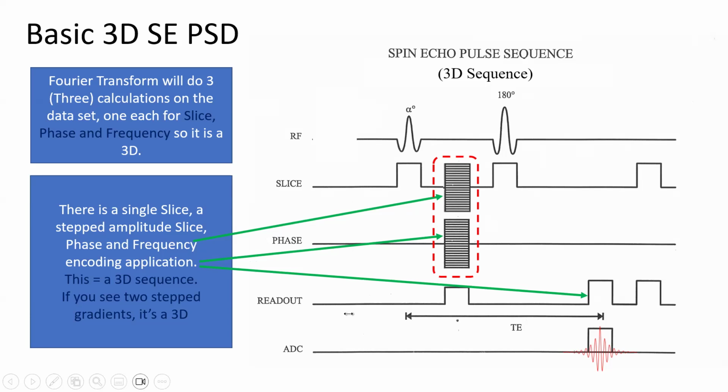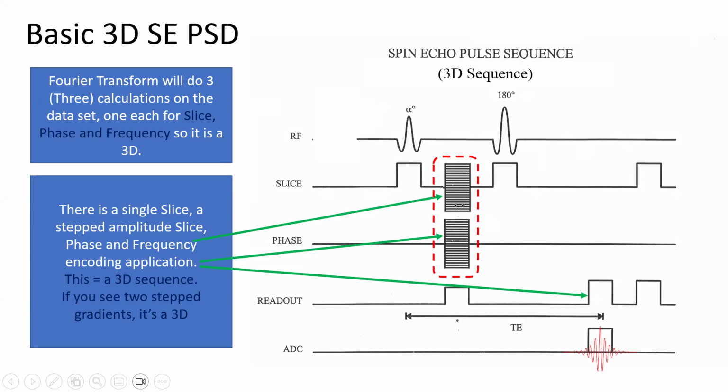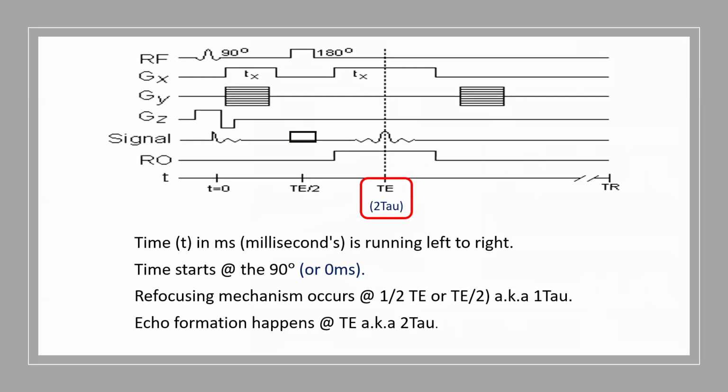It basically used to be only 3D time of flight, but now the manufacturers are developing all kinds of 3D spin echo, and that's fine. Two means 3D and one means 2D. So when you see these, you go, oh, that is a 3D spin echo pulse sequence. That's how you interpret those.